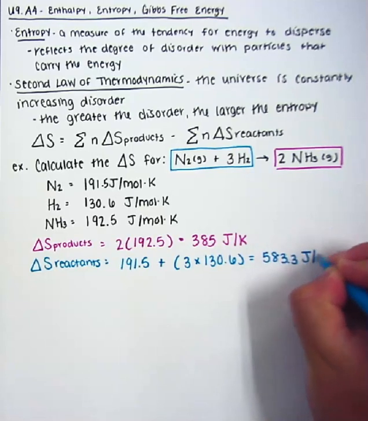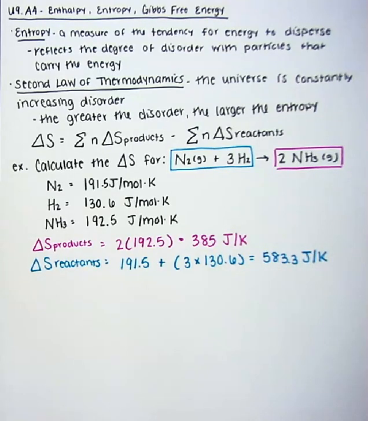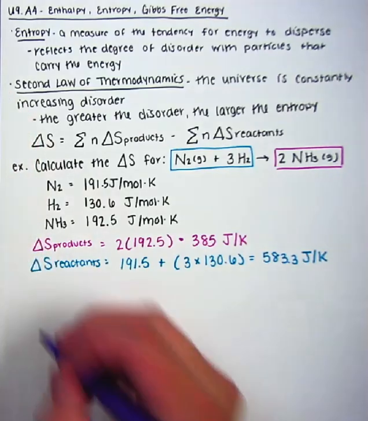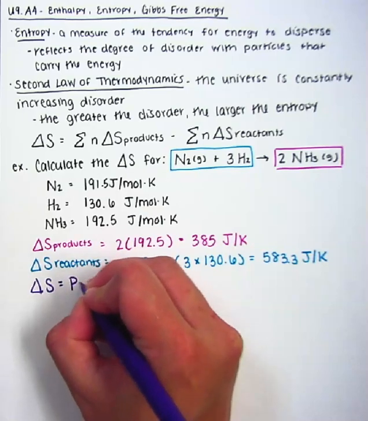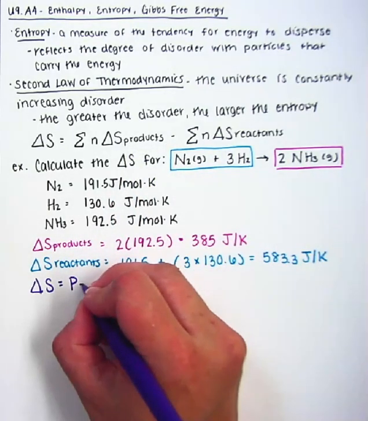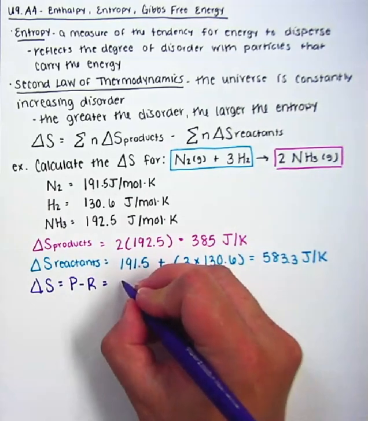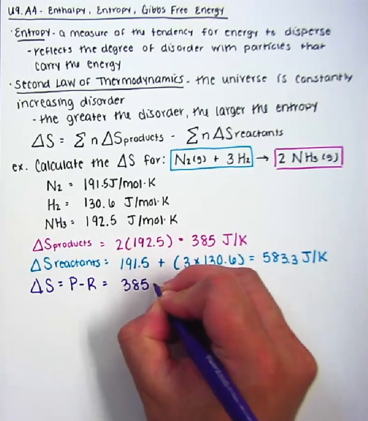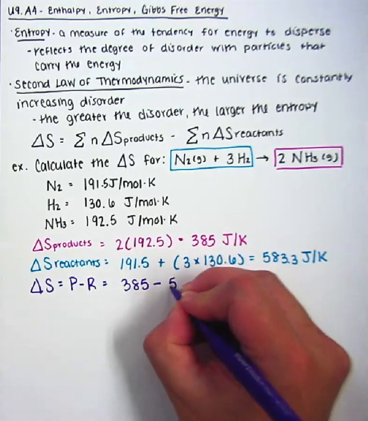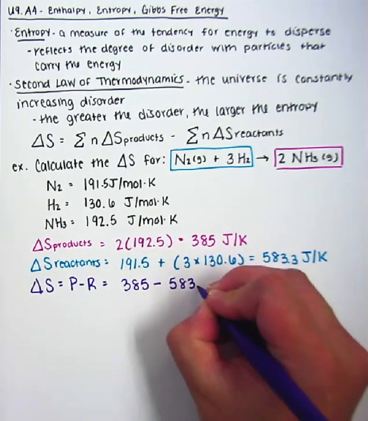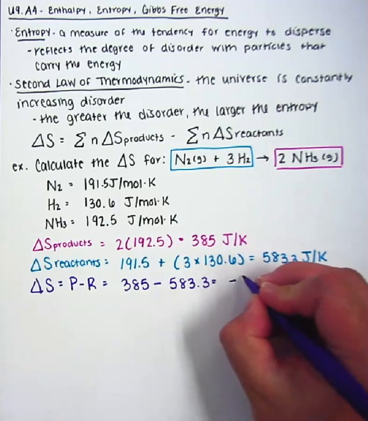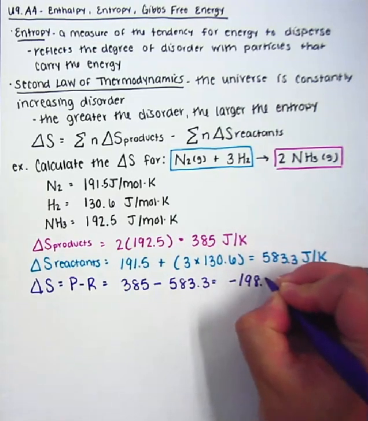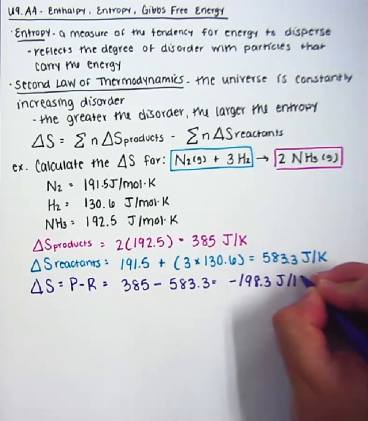That gives 583.3 joules per Kelvin. And then lastly, to get delta S of the reaction, products minus reactants. 385 minus 583.3 would give me a negative 198.3 joules per Kelvin.